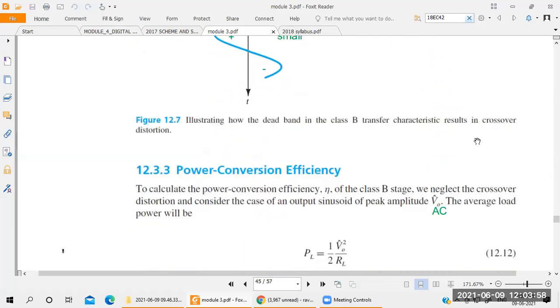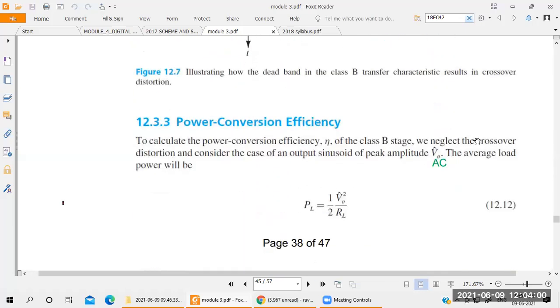Next, take power conversion efficiency. Power conversion efficiency means output power divided by input power. What is the output power here? AC. What is the input power here? DC. We take a plus VCC and minus VCC, right? Plus VCC for what here? NPN transistor. Minus VCC for what here? PNP transistor.